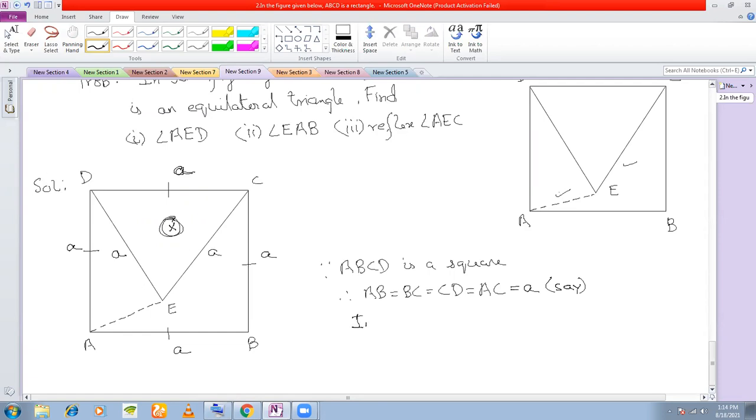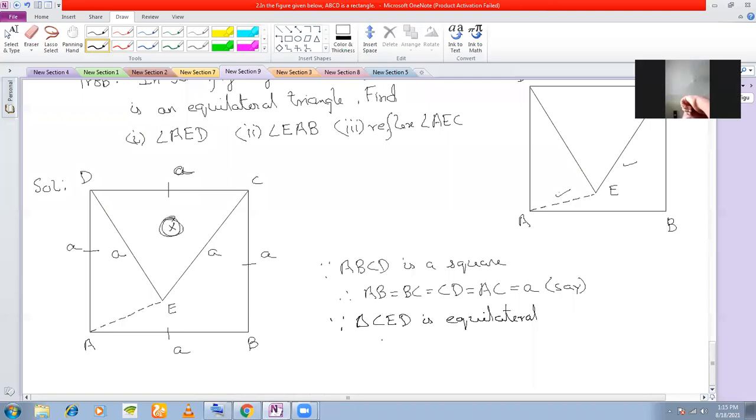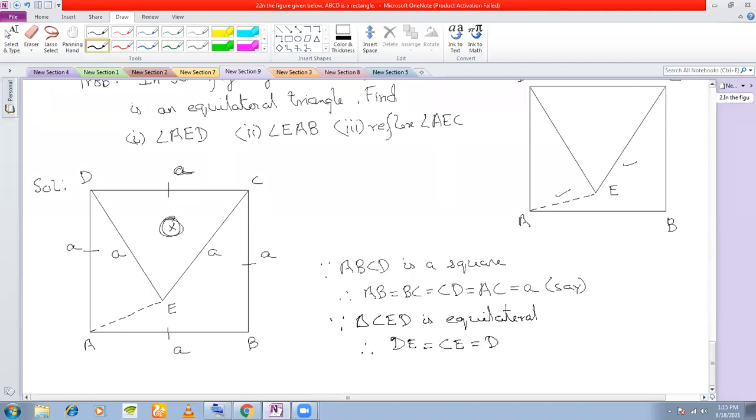So in triangle CED, since CED is an equilateral triangle, therefore DE is equal to CE is equal to DC.